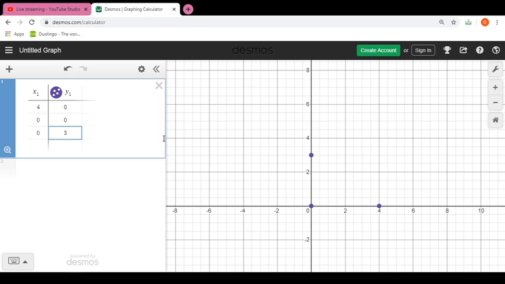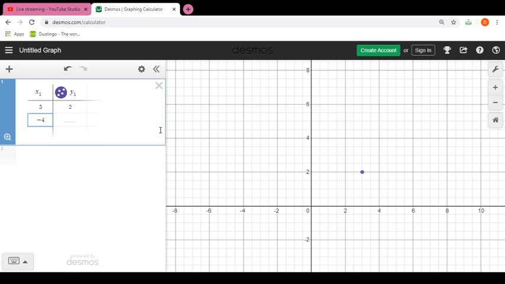Many of you are asking for question number 4. Question number 4 was, you were asked to plot the points 3, 2. So 3 and this one is 2. Then another coordinate given was -4 and 2. Then the third was -4 and 5.